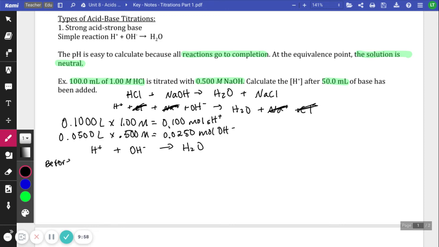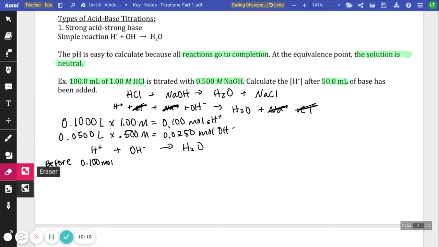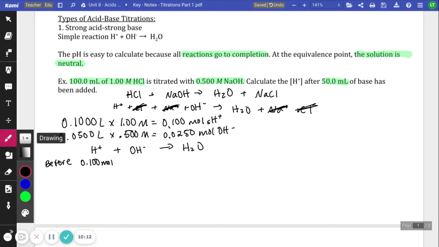Before my reaction takes place, before I've actually added this, I had 0.100 moles of hydrogen, and then I had 0.0250 moles of hydroxide, and I should have no water before my reaction takes place.